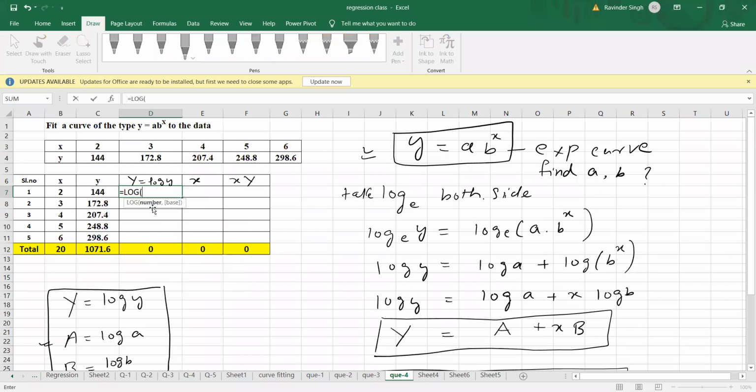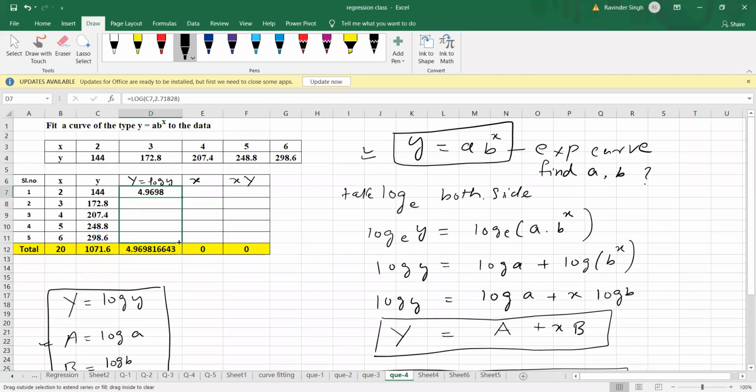I have to put the number, 144, comma, base value. The base is e, and Excel will not take e directly, so I have to put the value of e, which is approximately 2.71828.